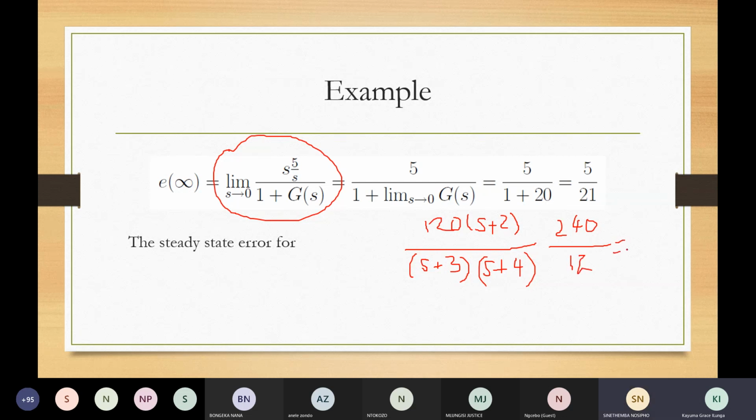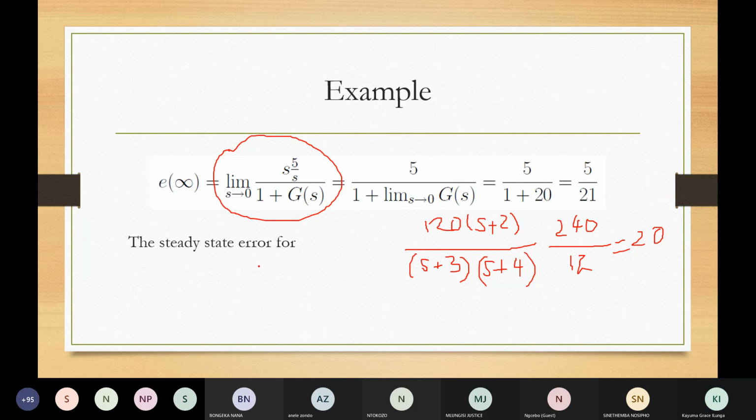So this is going to give us 20. Then 1 plus 20, because this value here is 20, is going to be 21. Because everything is under this 5, it's going to be 5 over 21.